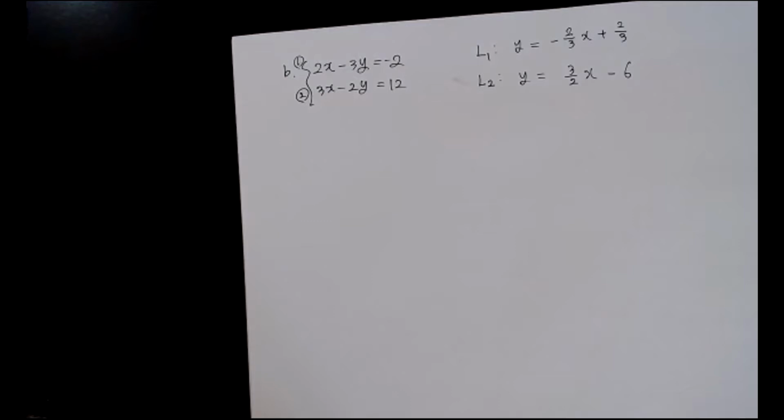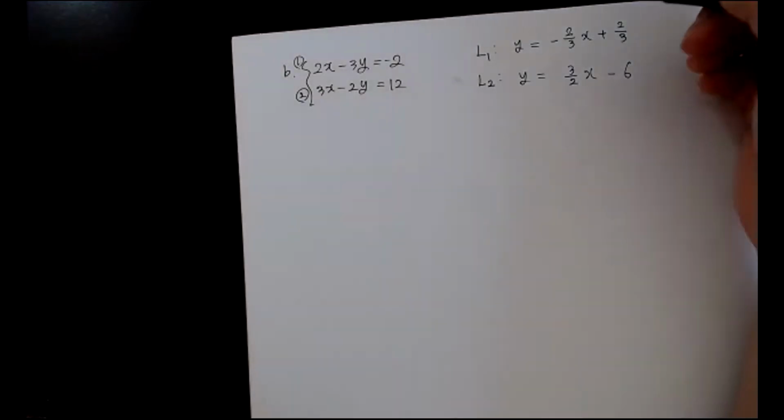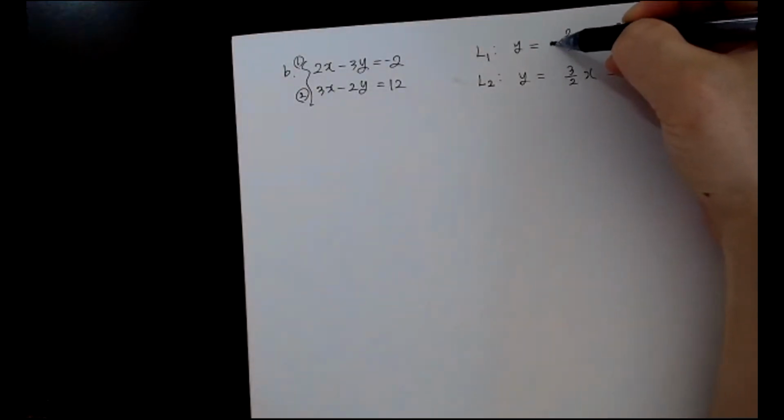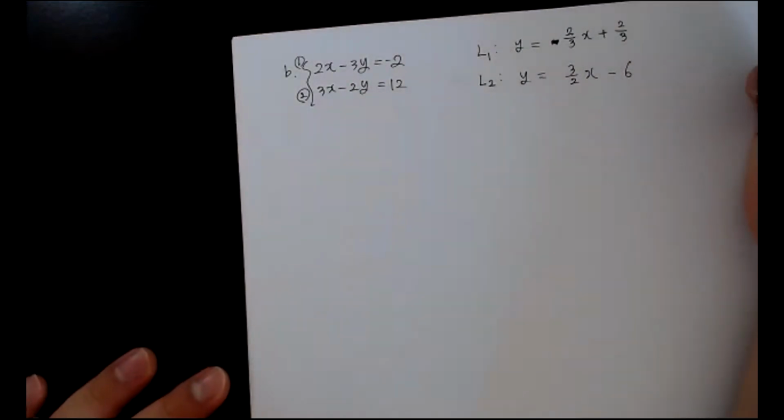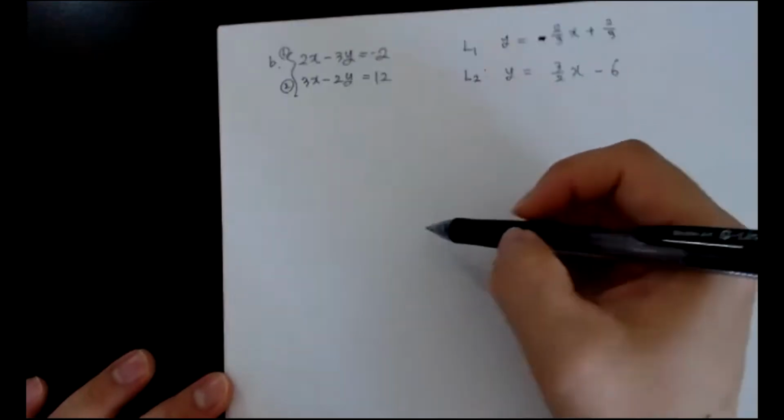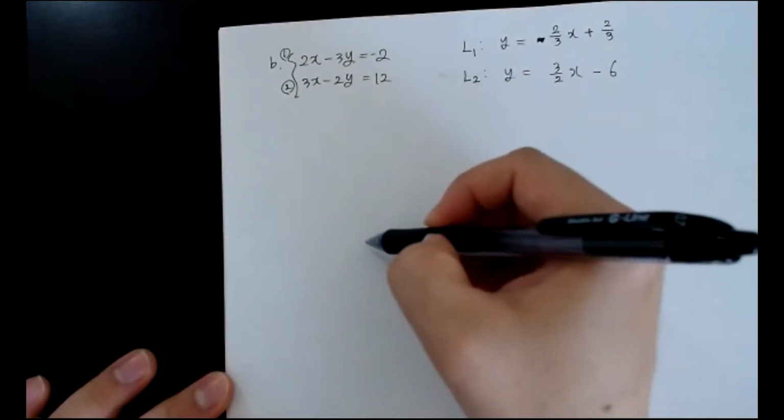Now, what are you going to do? Let's see, -2x. This should be positive, not negative, sorry. All right, so here is the x-axis and then the y-axis. For L1, the y-intercept is 2/3, so maybe right there, and then the slope is 2/3 too.